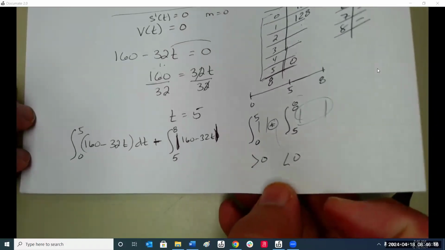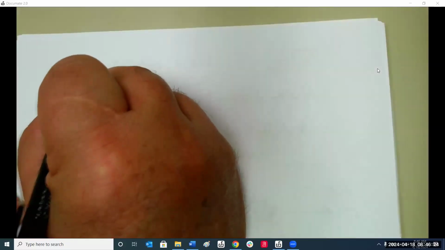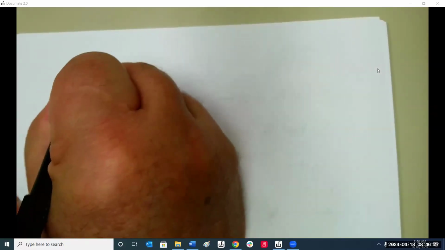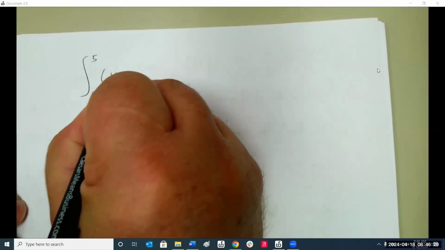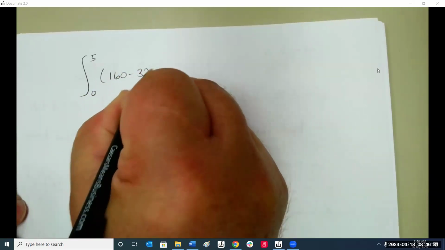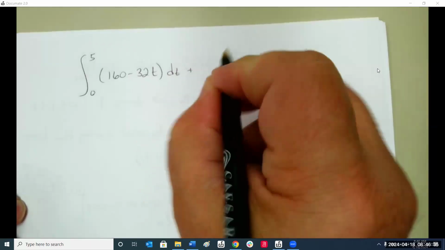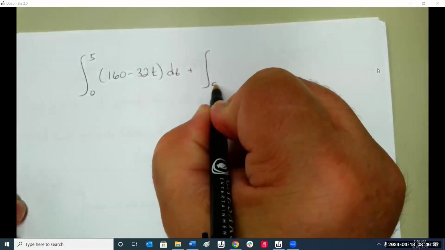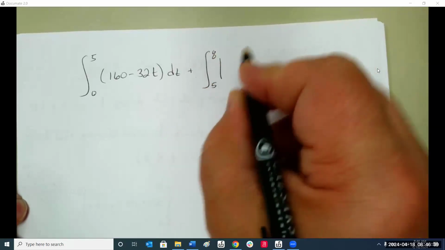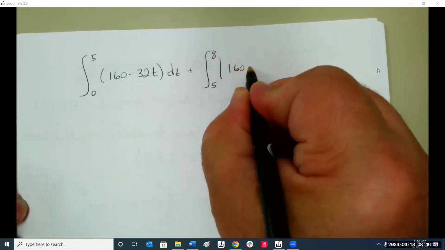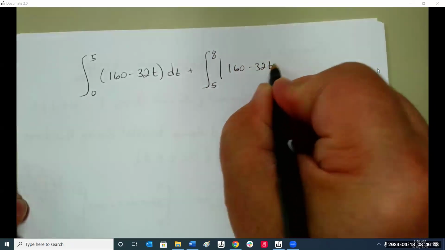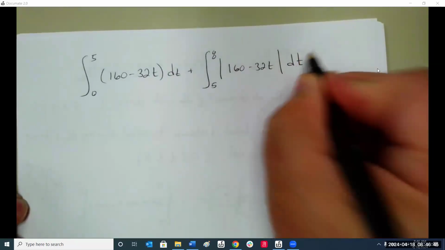All right, so let's see what this looks like. We have the integral from 0 to 5 of 160 minus 32t dt plus the integral from 5 to 8 of the absolute value of 160 minus 32t dt.